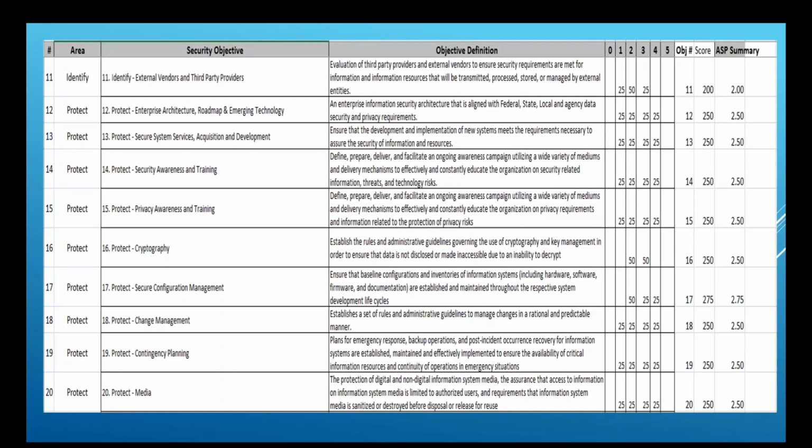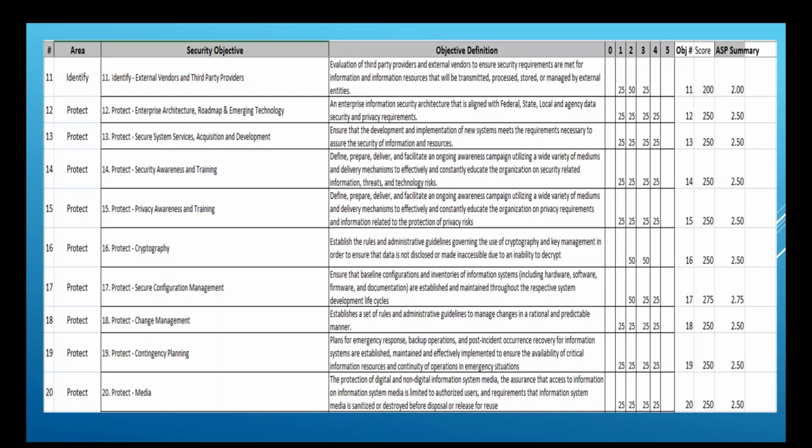For example, we write a contract with an external vendor, and do we have within that contract defined security controls, just like if they were an employee and the work was being done in-house.